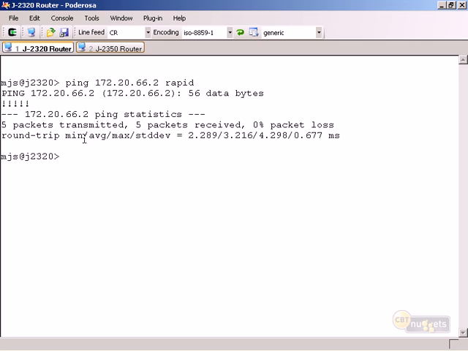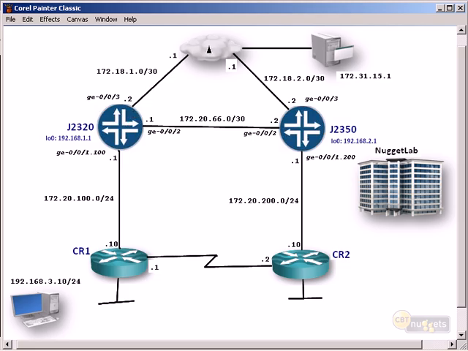I also want to go ahead and create a default route to that upstream internet router that was in the diagram. Let me show you that again real quick. We'll have a default route, so by default our traffic won't be discarded. By default, anything that doesn't match in the routing table will go up to our gateway out to the internet, which is usually the way we're going to do this. So I want my default route to go to 172.18.1.1/30.